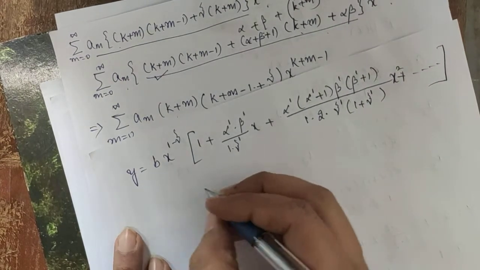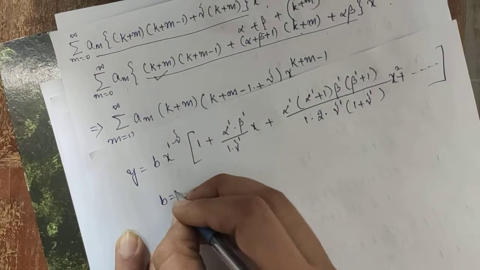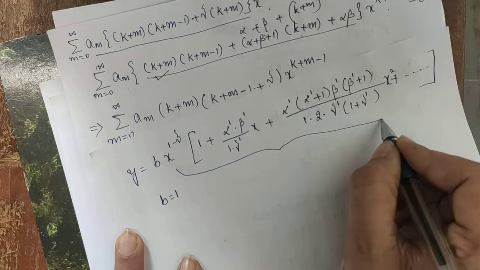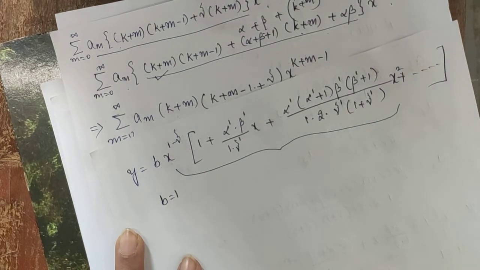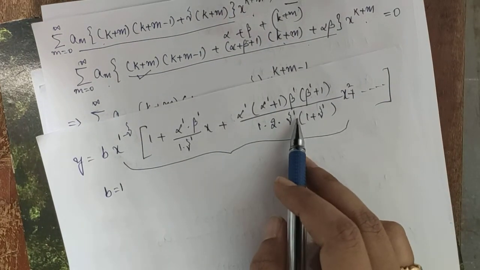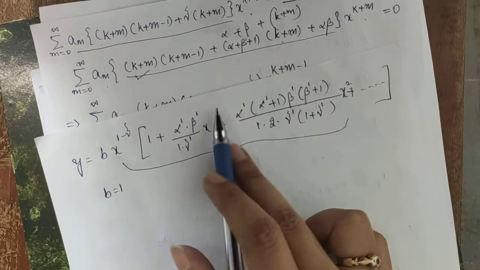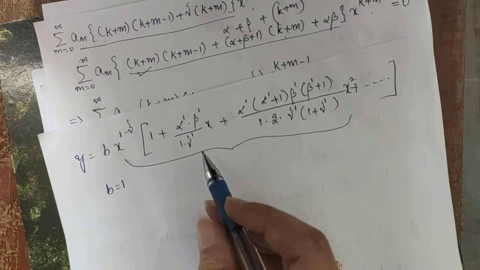So again here, if b is equal to 1, this whole series becomes hypergeometric series.